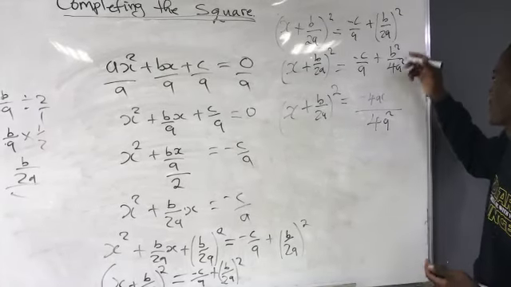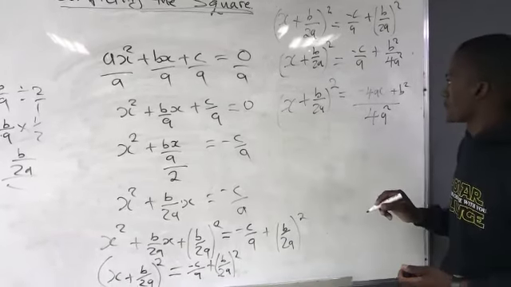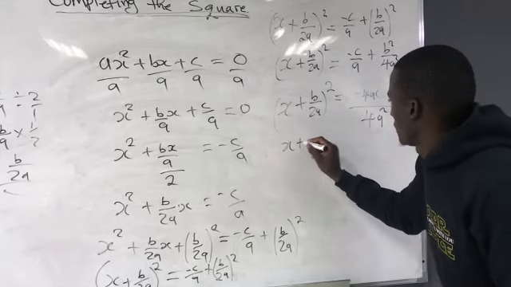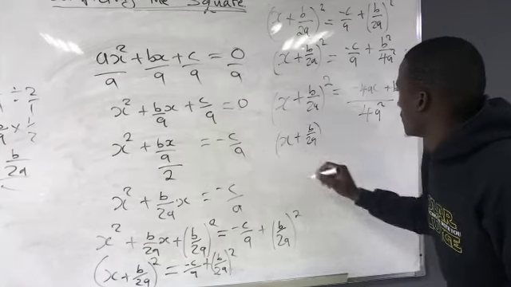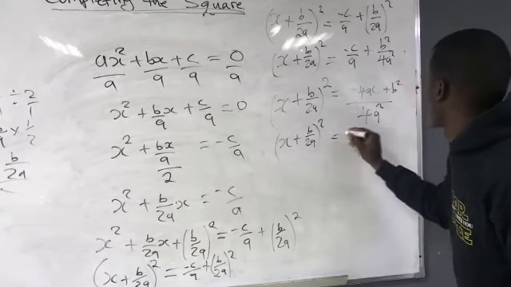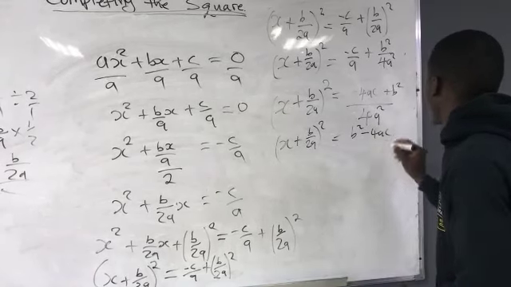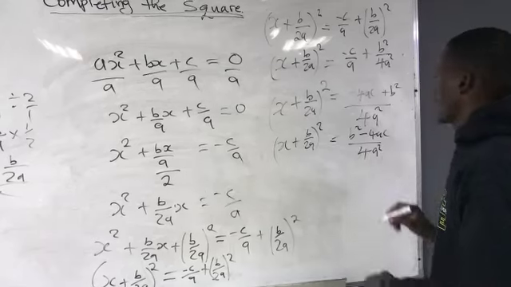We're going to get 1. 1 divided by b there, we're going to get b squared. So x plus b over 2a squared is equal to, you can rewrite these two as b squared minus 4ac over 4a squared.